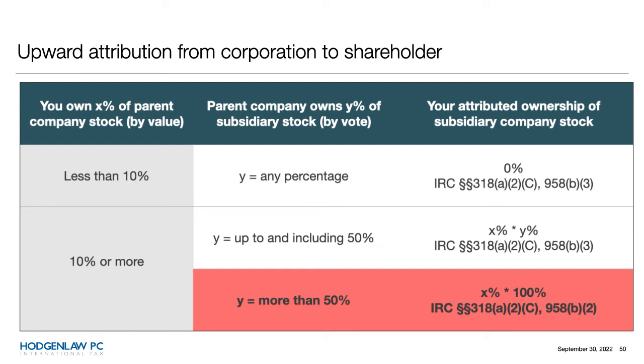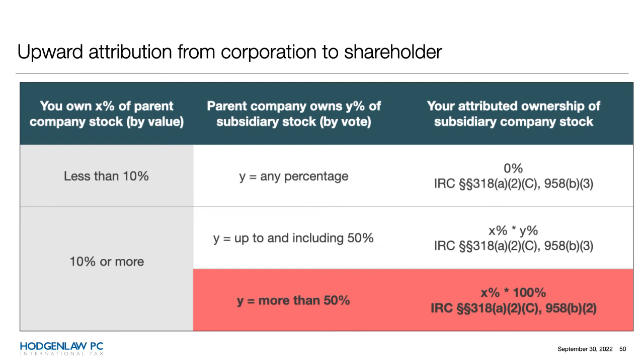Upward attribution from corporation to shareholder. So now we've gone from the partnerships, estates, and trusts over to the corporations. And again, we have this threshold of below 10%, we don't care.